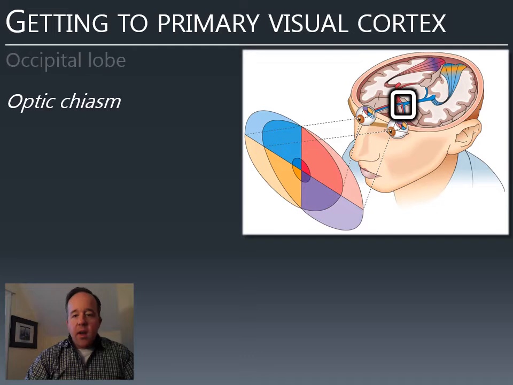But to get there, it has to leave your eyes and go through what's called the optic chiasm. And the chiasm, if you know your Greek letters, or especially if you're affiliated with a fraternity or sorority that has chi in its name, you know the letter chi looks like an X. And that's all that's happening here, is the optic nerves merge and then split again, and it looks like an X. So it's called the optic chiasm.